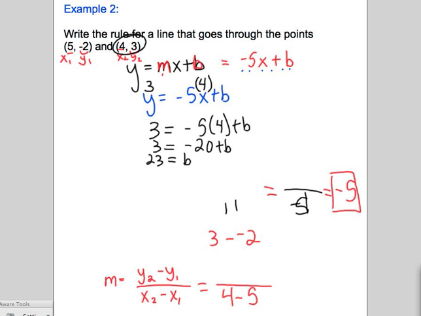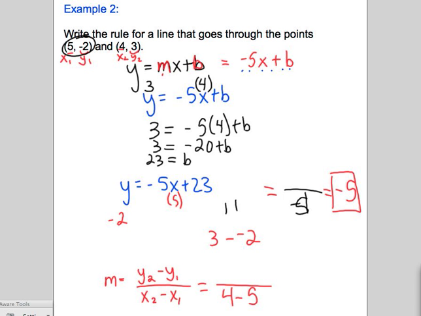So let's see, 3 equals negative 20 plus b. And I keep solving by adding 20 to both sides, and I get 23 equals b. So b must be 23 for this rule. And so I checked my rule.